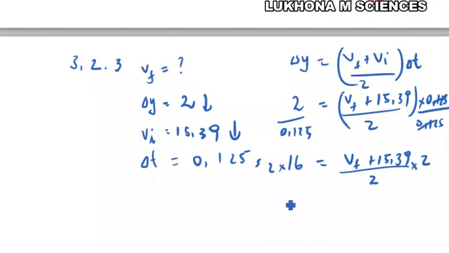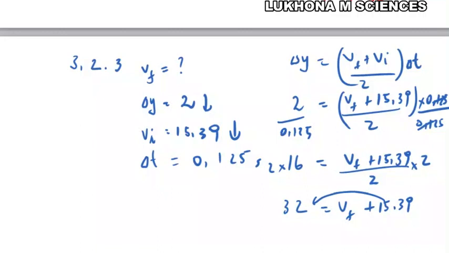Then here we have 32, which is equal to the final velocity plus 15,39. Then we can transpose 15,39. We have 32 minus 15,39.